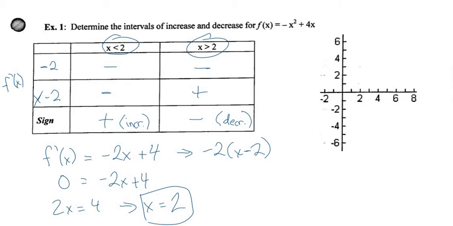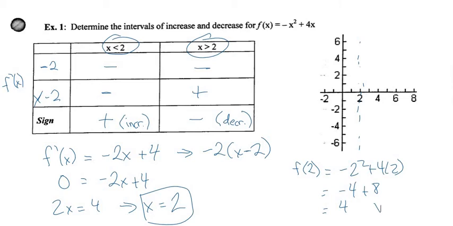So actually, we've gained a whole bunch of information. We know that for this quadratic, the axis of symmetry is around x equals 2. Now we need to know what the vertex is, and we can start graphing this. We just find f of 2, which is negative 2 squared plus 4 times 2, which is negative 4 plus 8, or that's 4.